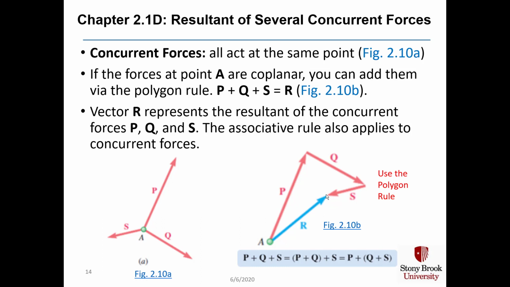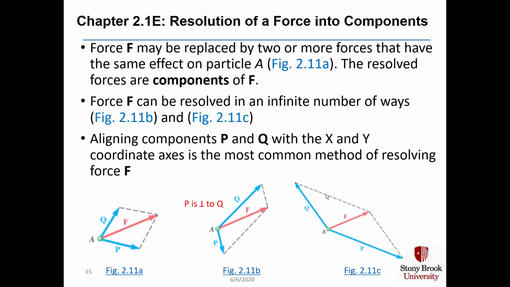Vector R represents the resultant of these concurrent forces P, Q, and S, and the associative rule also applies to concurrent forces, such that P plus Q plus S is equal to P plus Q, and then add S, and it's also equal to P plus the vector Q plus S.